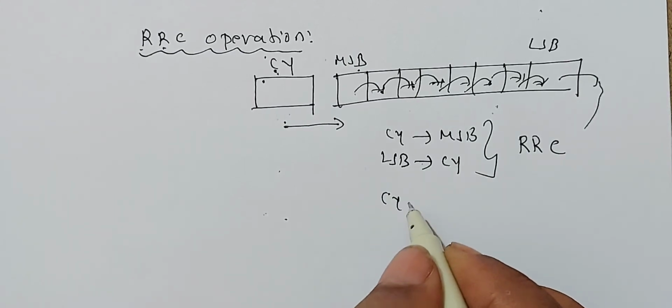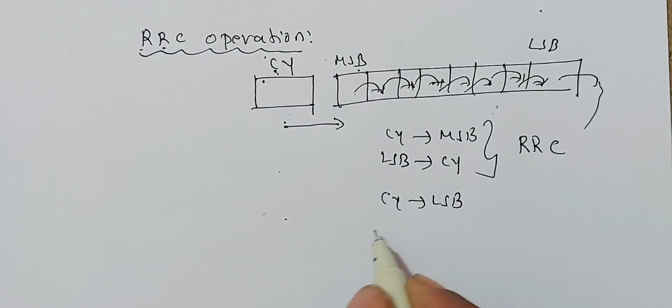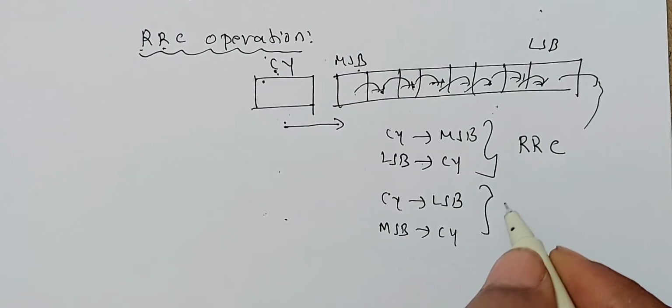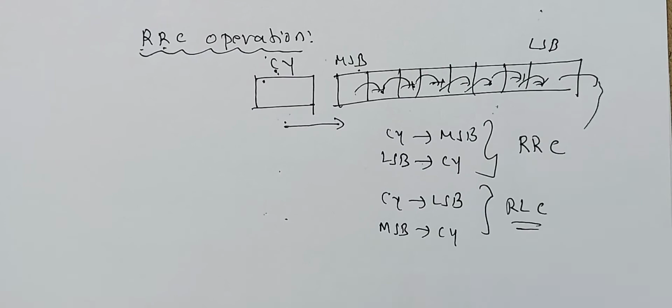When carry goes to LSB and when MSB goes to carry, this is our RLC rotation operation. In RRC, carry goes to MSB and LSB goes to carry. In RLC rotation, carry goes to LSB and MSB goes to carry.